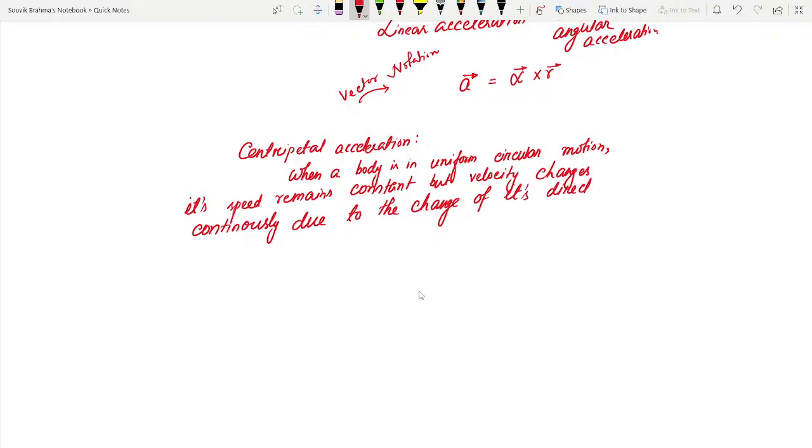As there is a change in the direction of the velocity, the velocity changes, hence the motion is accelerated.